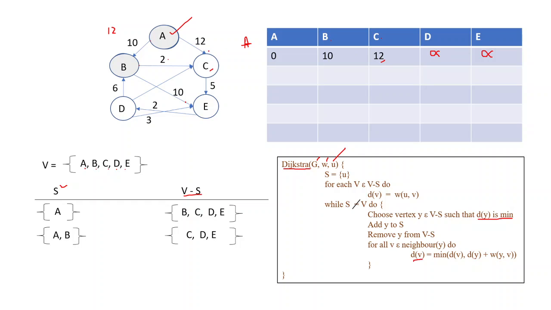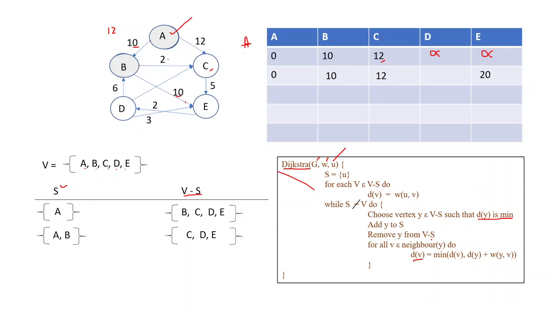Now we have a path from B to E, and E for now has a path cost from A that is infinite. In order to find the path cost to E via B from A, the distance to B is 10, and the path cost from B to E is 10. So 10 plus 10 equals 20.